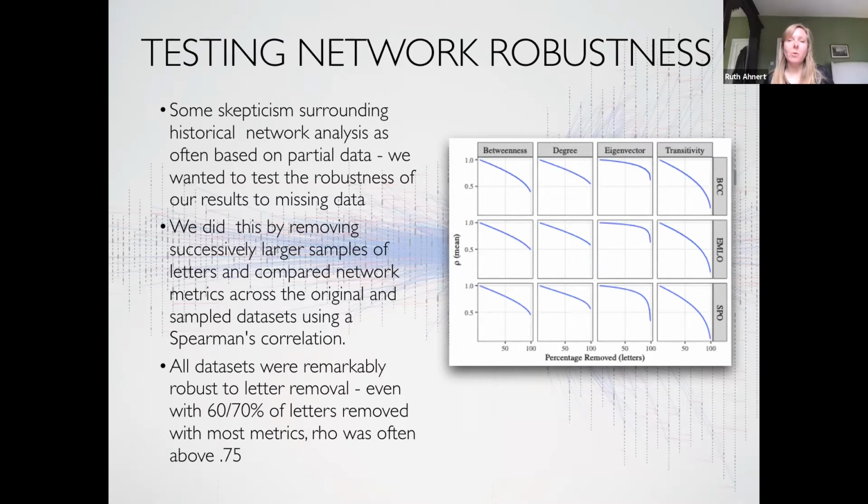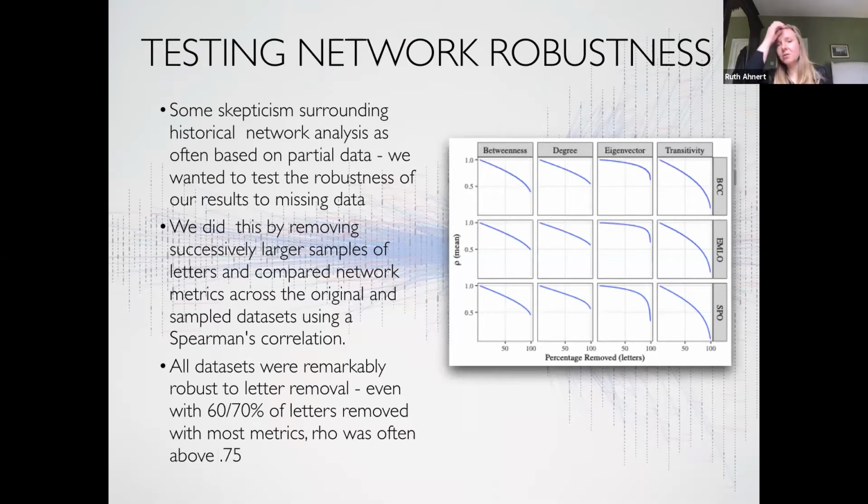They designed an experiment which removed successively larger and larger samples of letters and compared the network metrics across the original and sampled data sets, using Spearman's correlation as a measure of the similarity between each set of results. They ran the code 50 times for a range of standard metrics and for all the data sets we're using. What they found was that all three data sets were surprisingly robust to letter removal, even with 60 to 70% of letters removed, with most metrics.